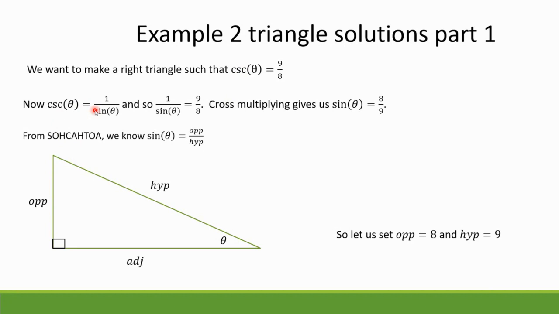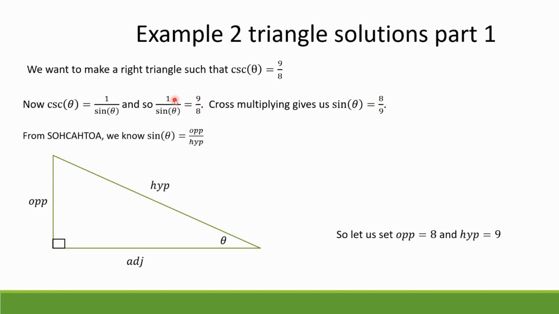So 1 over sine of theta is equal to 9/8, right? I didn't show the steps, but hopefully you can see what they would be. You can cross multiply and you get sine of theta is 8/9.